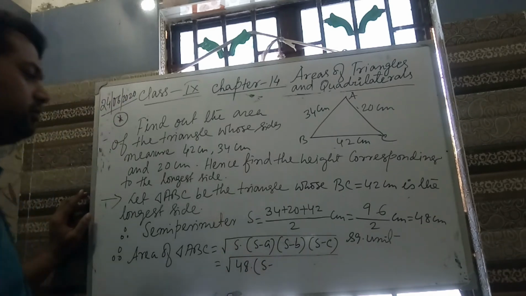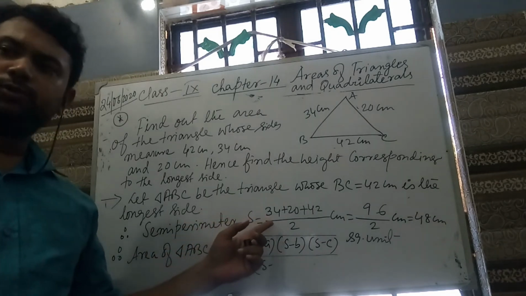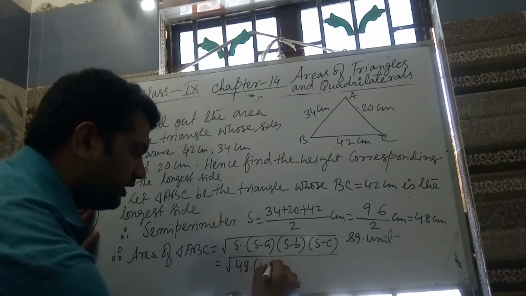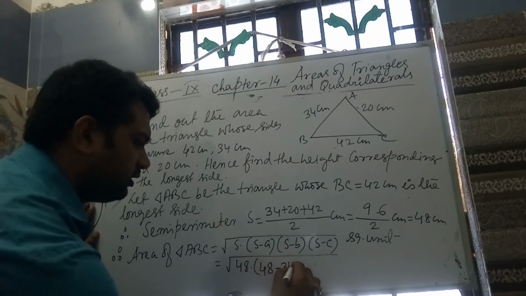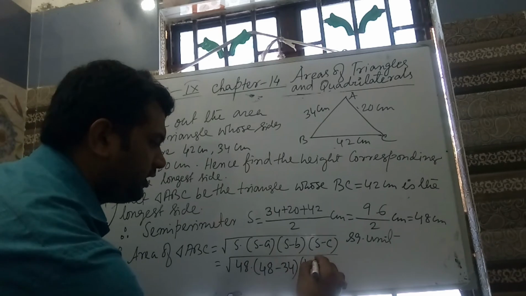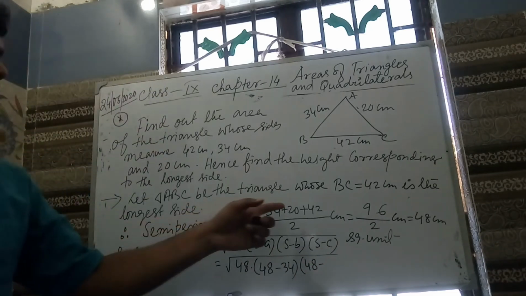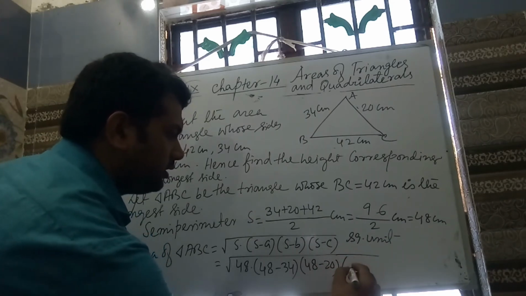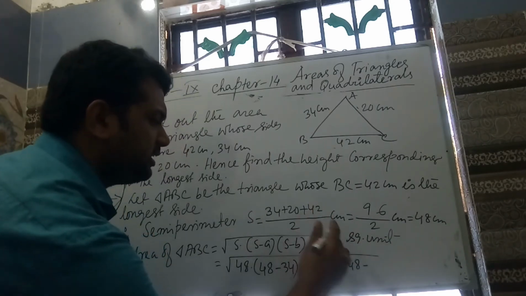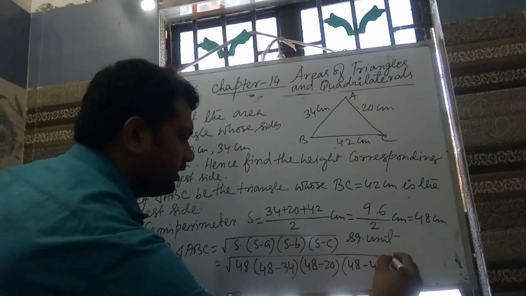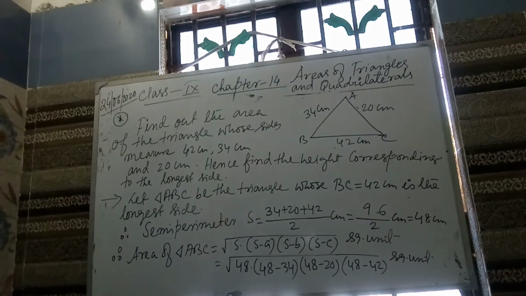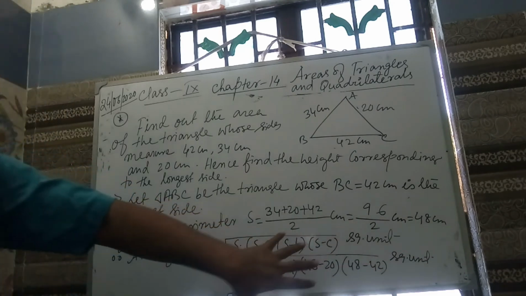S minus A, if we consider 34 to be A, so 48 minus 34, next 48 minus 20, taking 20 as B, and then 48 minus 42 as C, this much square unit. Do it up to here, then we will be doing the remaining part.